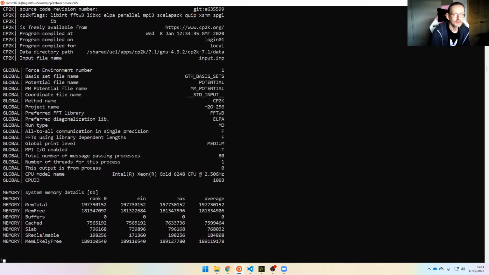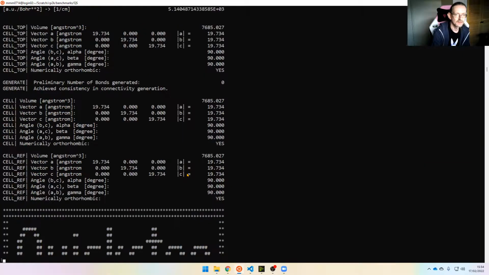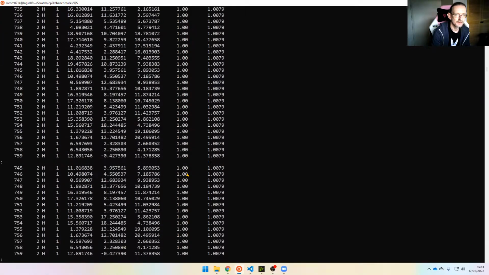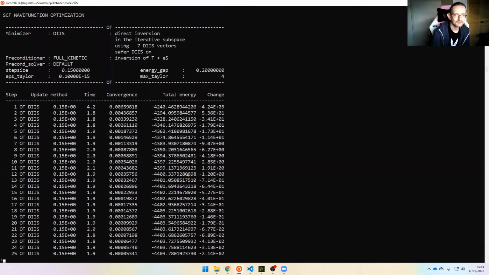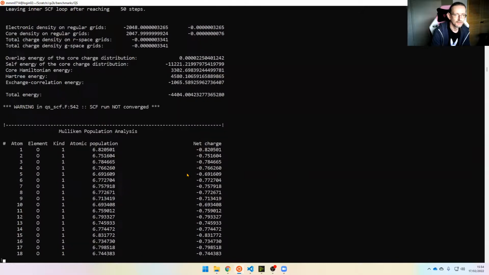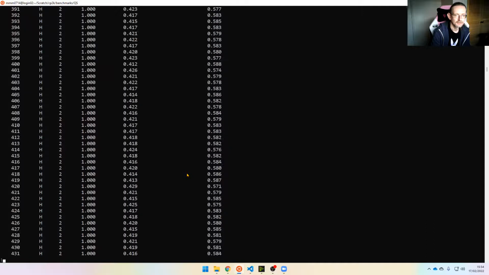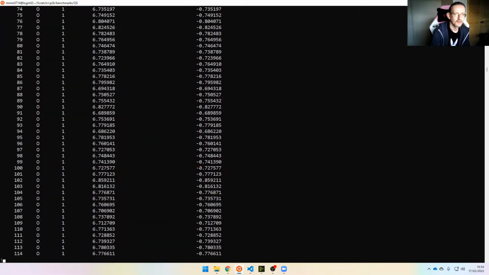And the output you'll get from here. This is printed with more than the average amount of output. It's got quite nice things, units being used. It tells you what pseudopotentials you're using, what the basis functions are, plane wave setup, and then you've got the convergence of the electronic structure, and then after a couple of steps of molecular dynamics, it should develop very quickly.